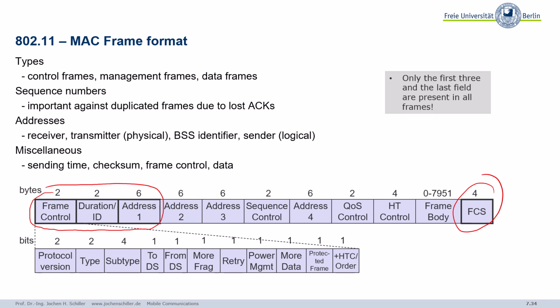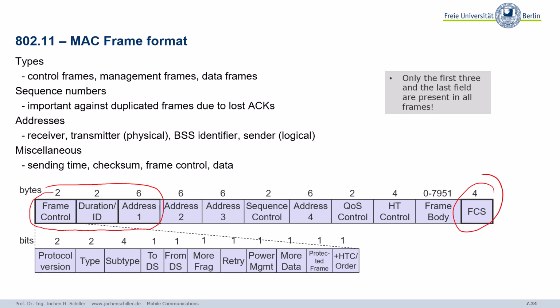And depending on how you use the packet and where you use it, the role of the address fields is a bit different. So you have real, physical transmitters, and the logical sender. That's a difference depending on how your network topology is. I will come back to this later. And then we have the classical checksumming and sending times, frame control, etc. And in the frame control, you have some more bits indicating what this frame is used for, if it has more data or not, and what type of packet this is.